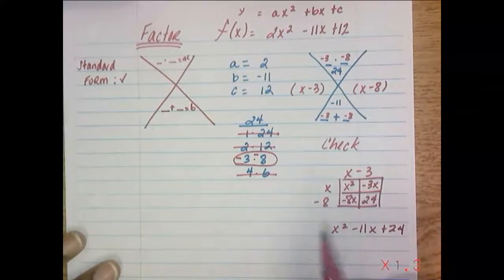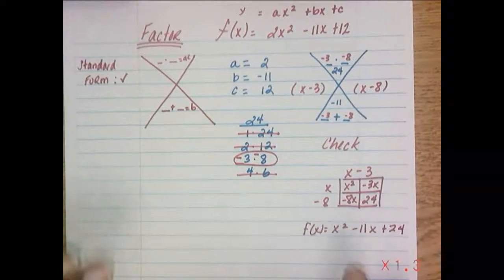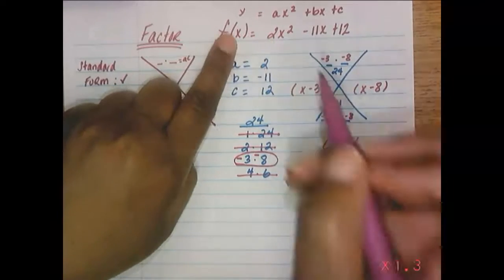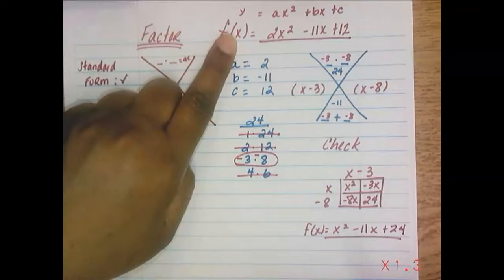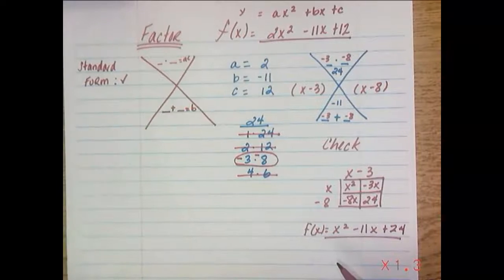Okay, what should happen is that what you have here and what you started out originally with should match, but they don't. The difference between what we did previously and all the other examples is that a was equal to 1, but this time a is equal to 2.